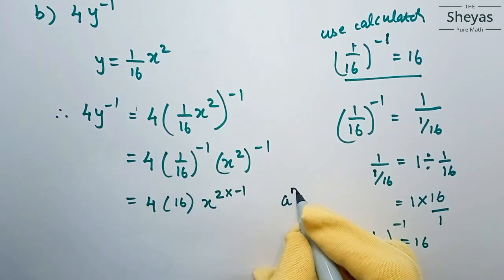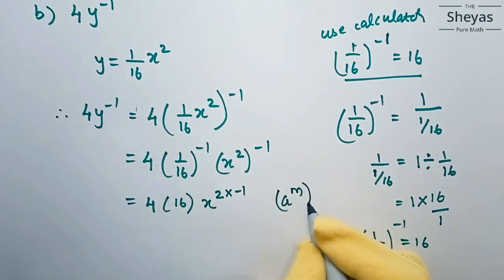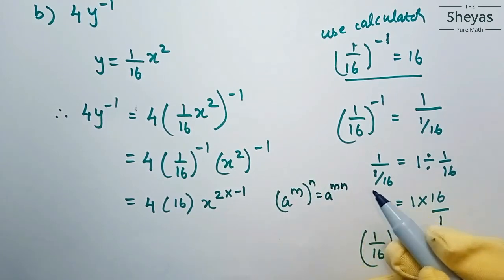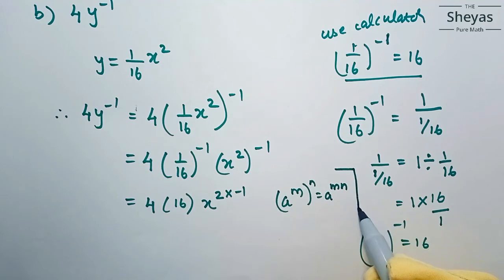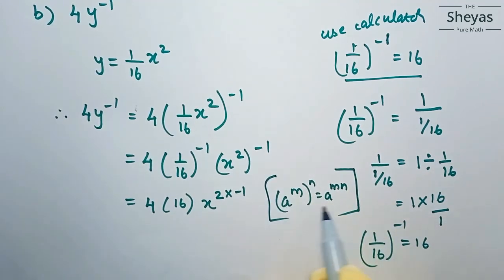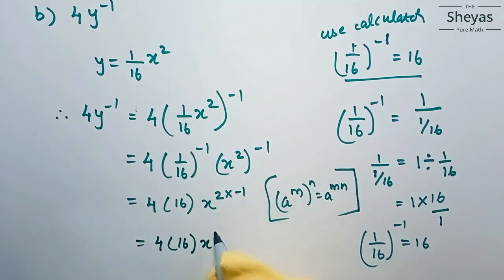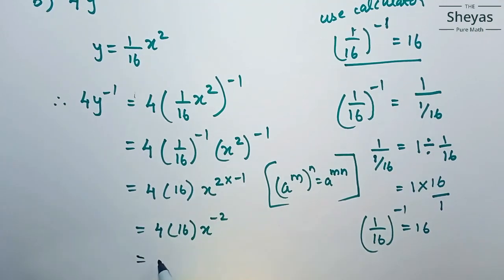A power m the whole power n can be written as a power m into n. I am applying this formula. So 4 into 16 x power 2 into minus 1, which is minus 2. 4 into 16 is 64. Then write this x power minus 2 as such.